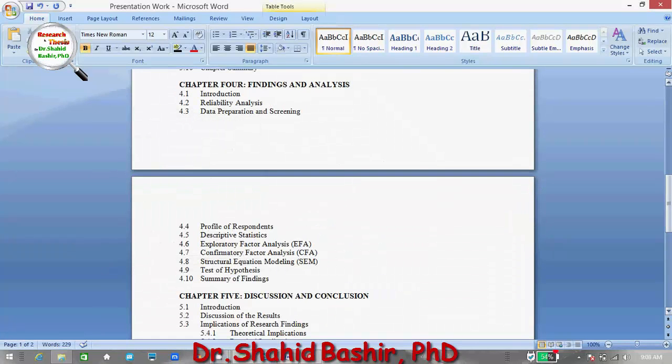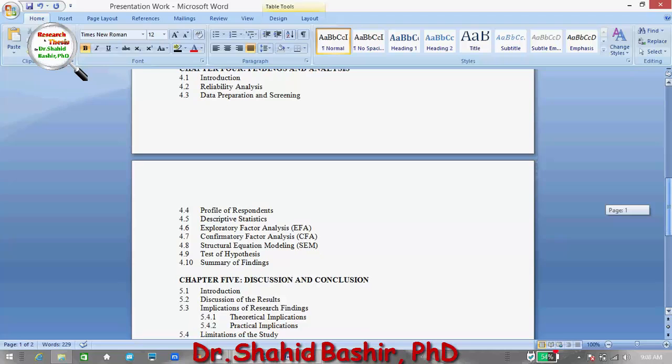In chapter 4, that is finding and analysis, the researchers usually consider discussing, or what I say, analyzing, first of all, the reliability of the data, whether it is reliable or not.